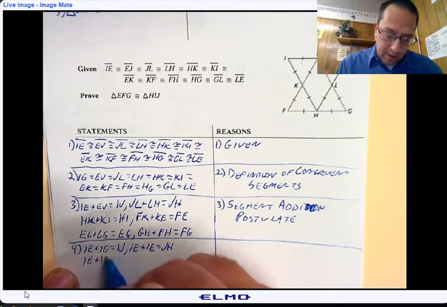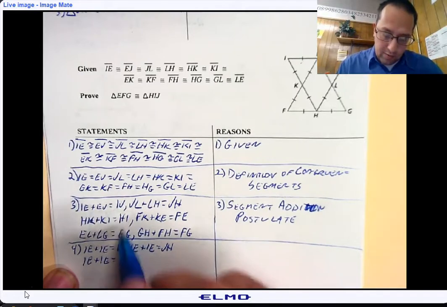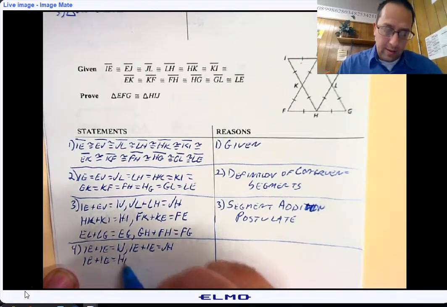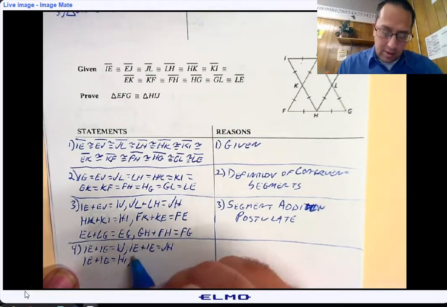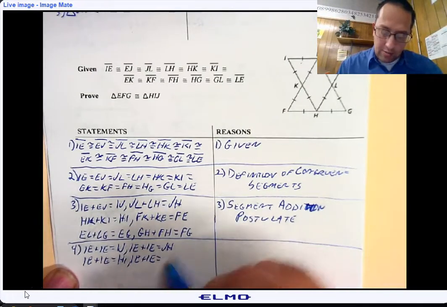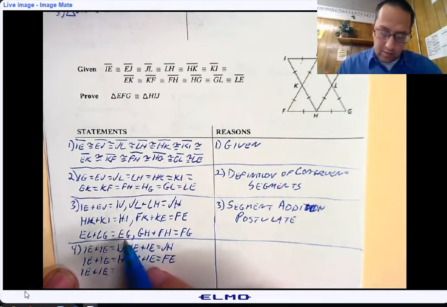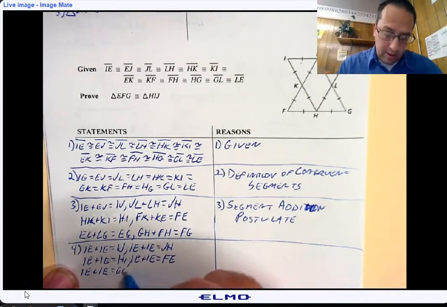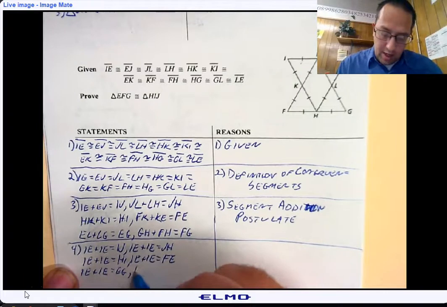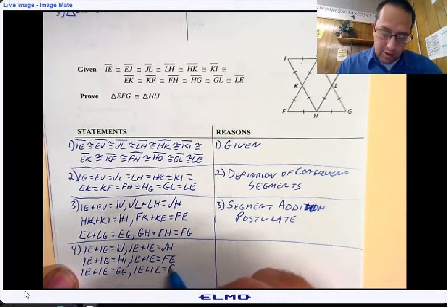IE plus IE equals HI. IE plus IE equals FE. IE plus IE equals EG. And IE plus IE equals FG.